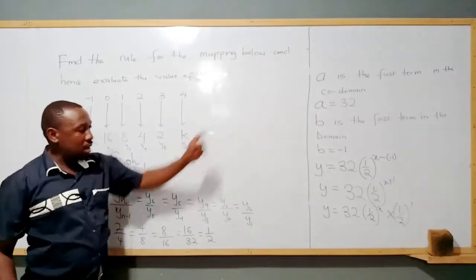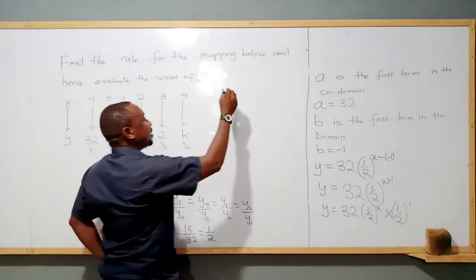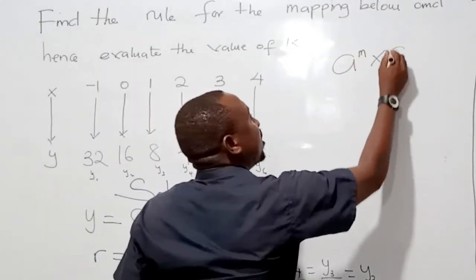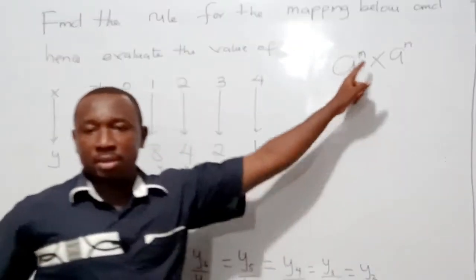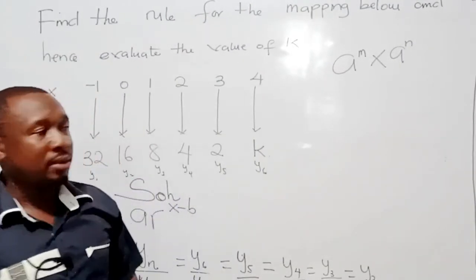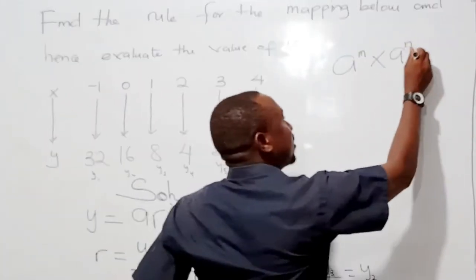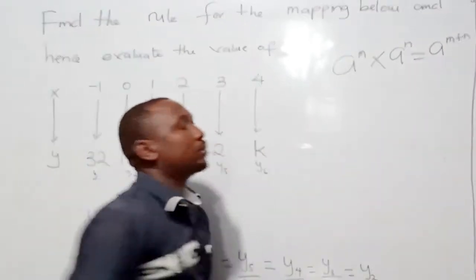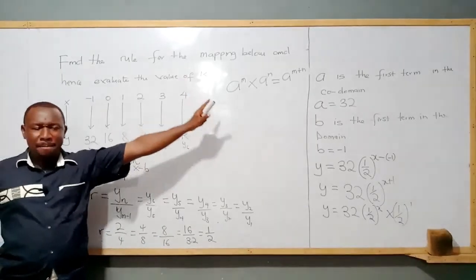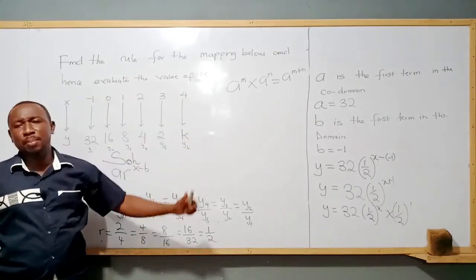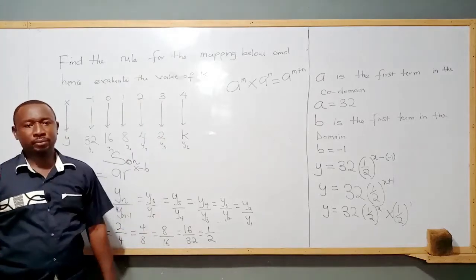Let's try to understand what I've written here. In indices, if you have a to the power m times a to the power n, it is the same as a to the power m plus n.